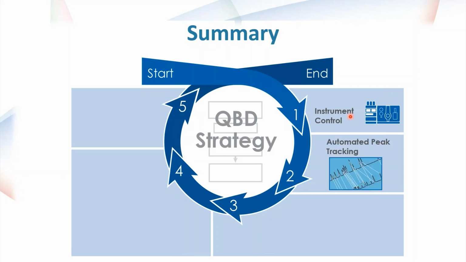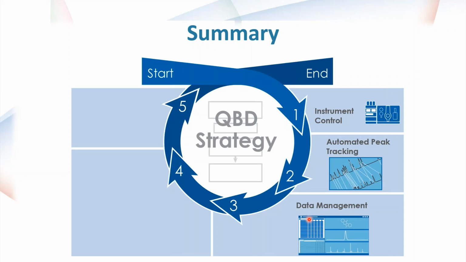Once the data is acquired, it's easily processed automatically in the background, or peak tracked. Once the data is processed, it goes into a data management interface. This data management interface includes structure information, chromatographic information, spectral data, as well as metadata and tables, all in one place to enable you to make decisions easily.